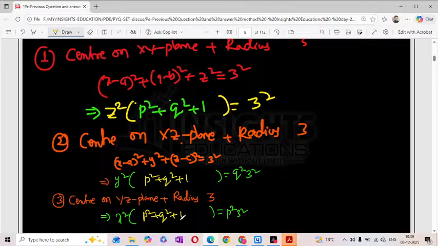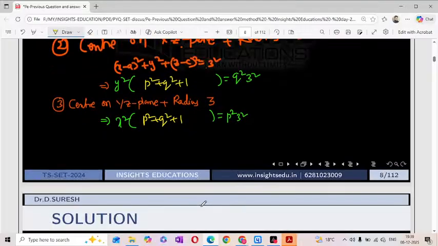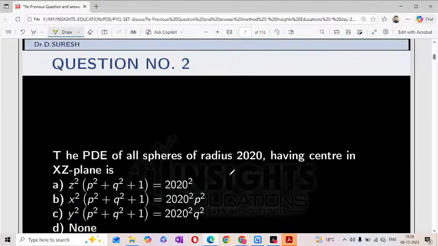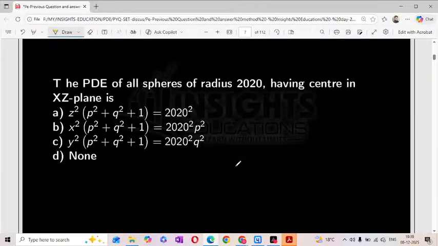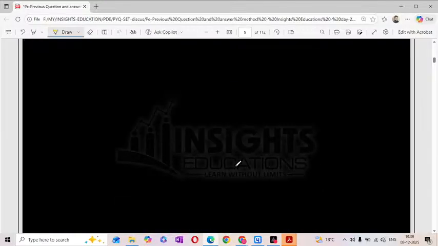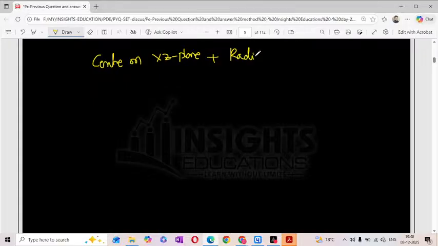Okay, if the radius is 3. Similarly, suppose what is our question? Our question is the radius is 2020 and the center on the xz plane, plus radius 2020.